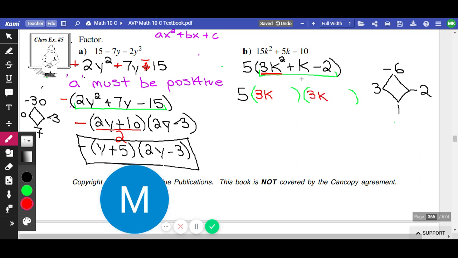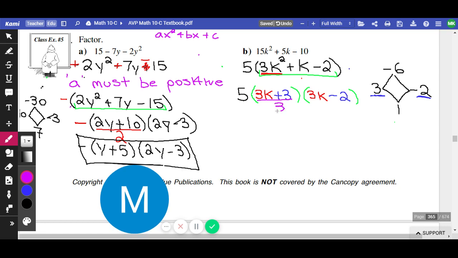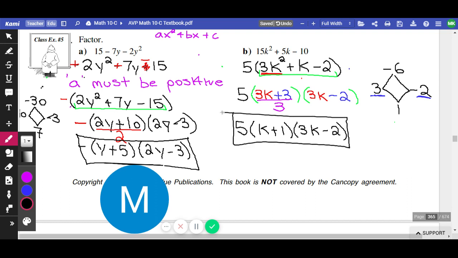The sides of your binomials come from the sides of your diamond, plus 3, minus 2. One of those binomials has a 3 and it shouldn't have a 3, so we have to correct that by dividing one of them by 3. The first term divides by 3. That means my final answer would be 5, that's the GCF, k plus 1, 3k minus 2.